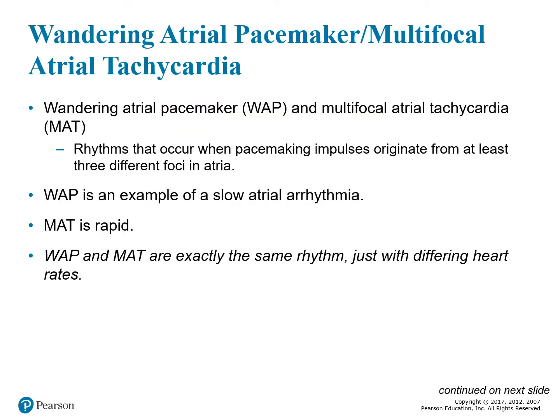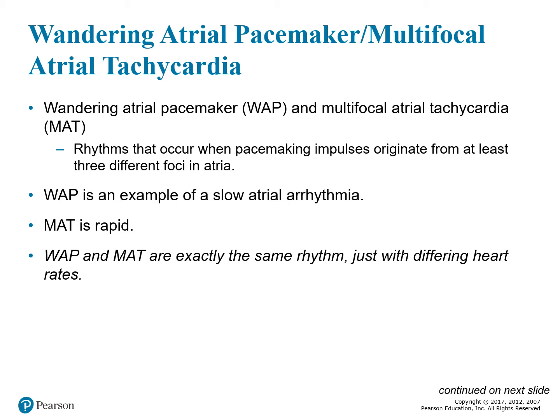The first two atrial rhythms we're going to talk about are the wandering atrial pacemaker and the multifocal atrial tachycardia. The wandering atrial pacemaker, or WAP, and the multifocal atrial tachycardia, or MAT, are rhythms that occur when the pacemaking impulses originate from at least 3 different foci in the atria.